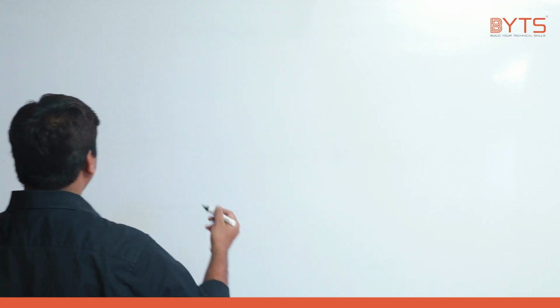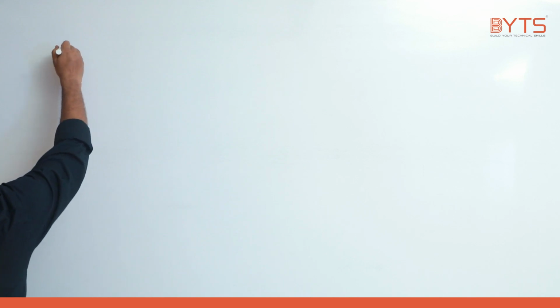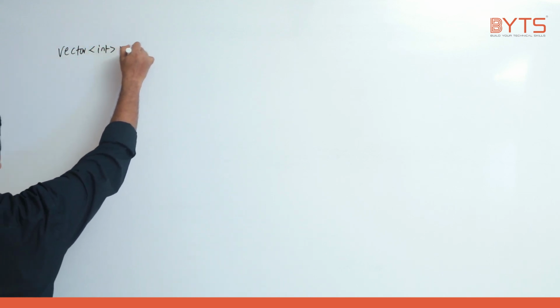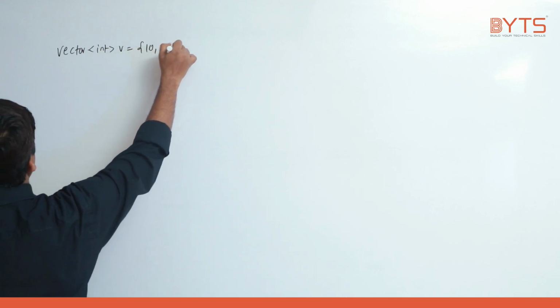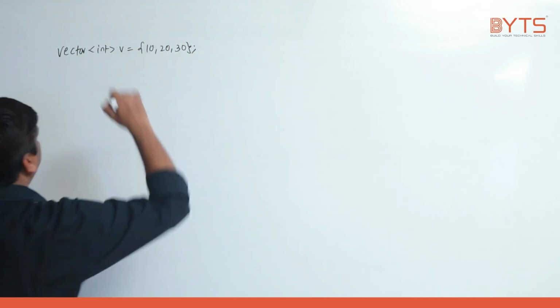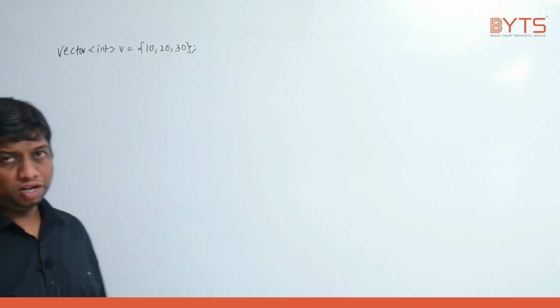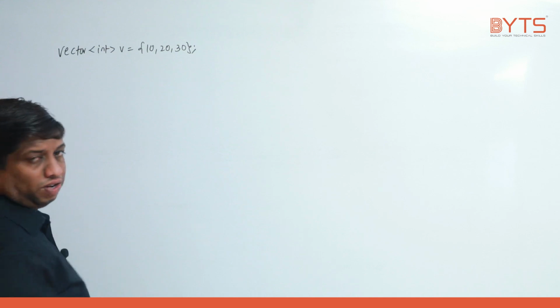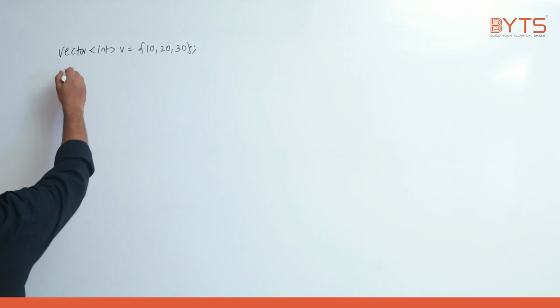Well, now I am introducing you a new way to print the data. Internally, this is also using the iterator concept only. Try to understand. This is a very popular way. Going forward, this will become very interesting and easy also. Vector int v is equal to 10, 20, 30. Now what I am interested in is, I want to print all the values in the vector. How do I print here? Very easy.